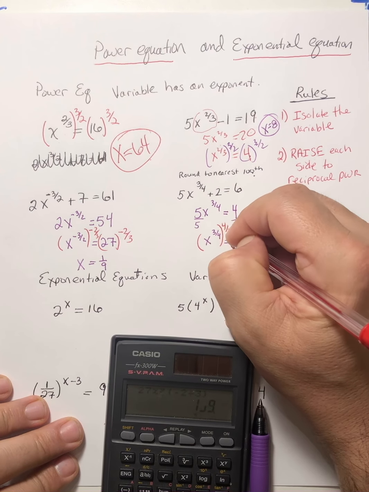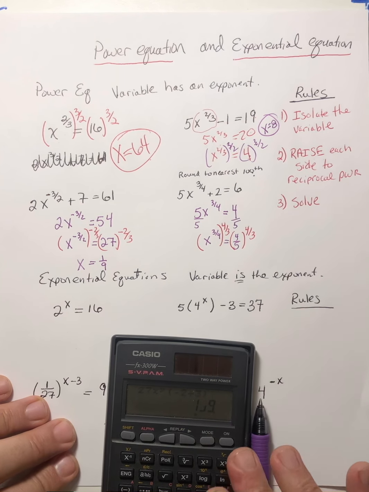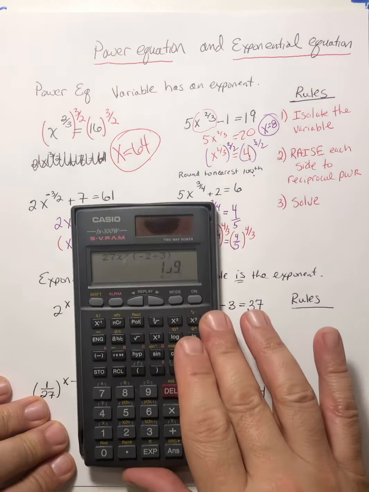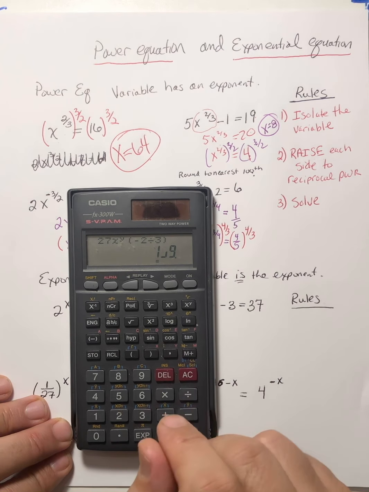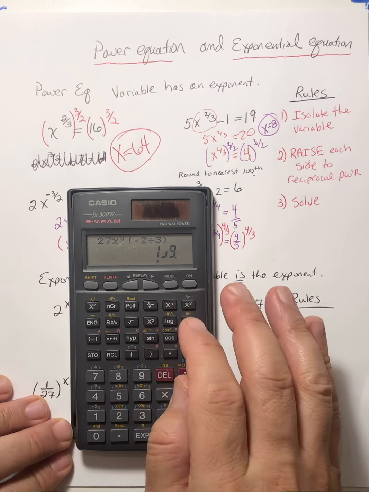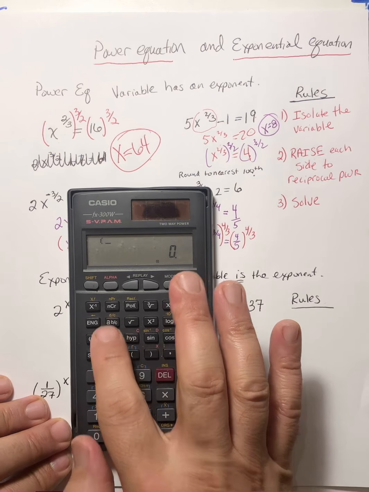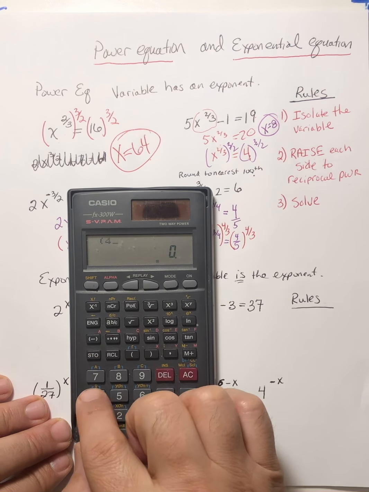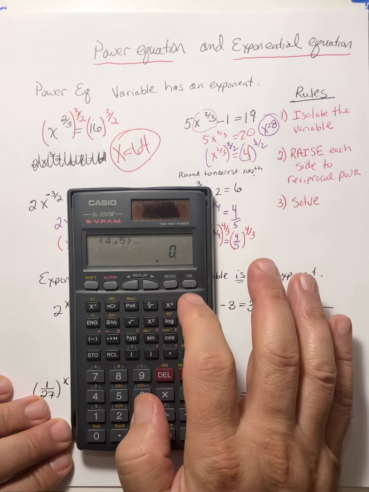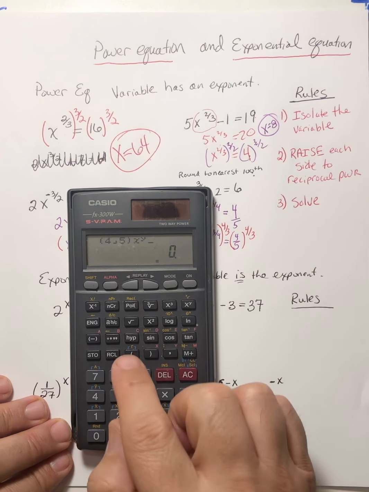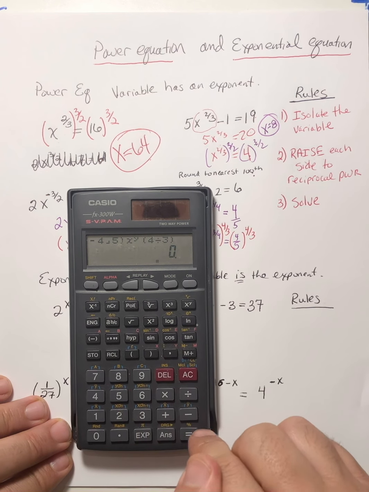I don't care that it's a fraction here. Raise to the 4/3. And it's just a matter of typing it into the calculator. With this calculator, I'm going to do parentheses, parentheses, and use my fraction key, 4/5, close parentheses, caret key, open parentheses, 4 divided by 3, close parentheses, hit equal.